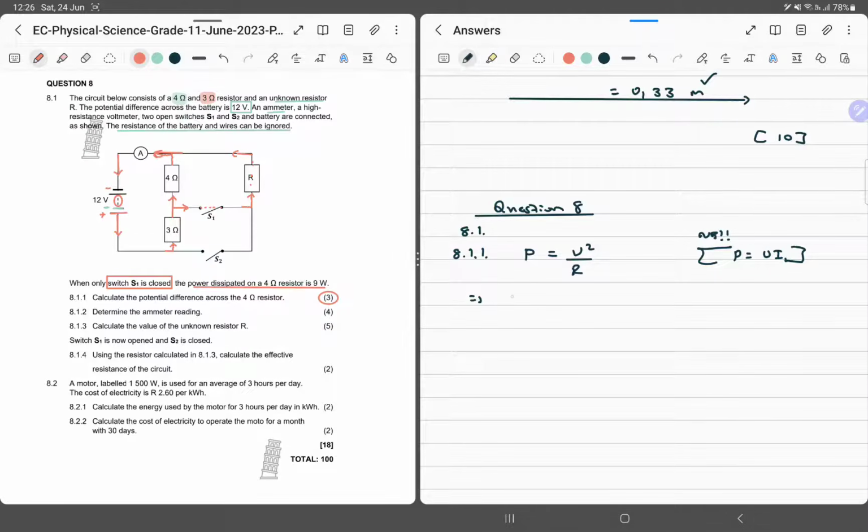So this implies the power is 9 equals V squared, which is what we want, over the resistance, it's a 4. This implies that V squared is going to be 9 times 4.